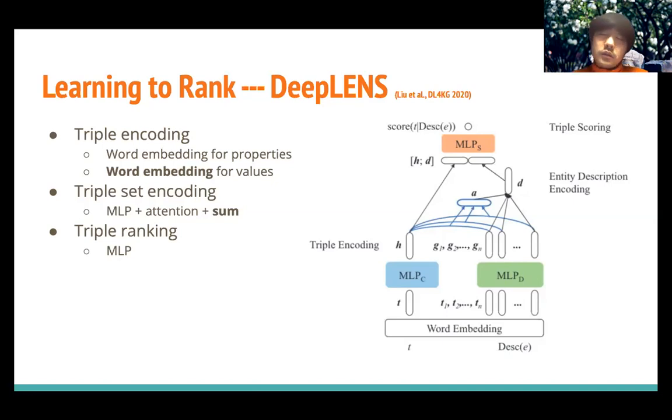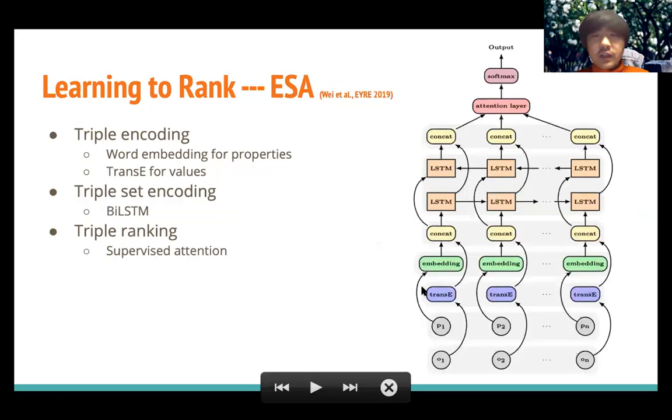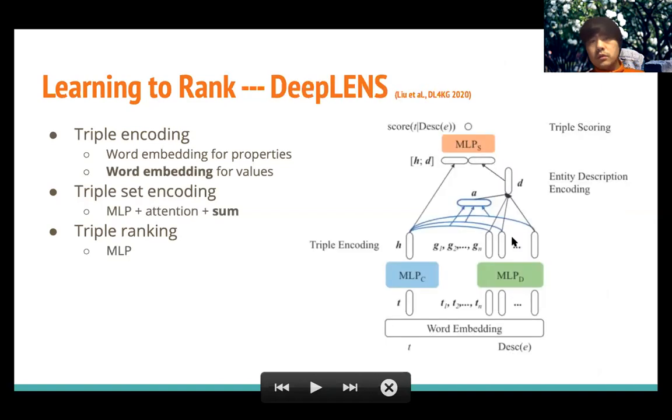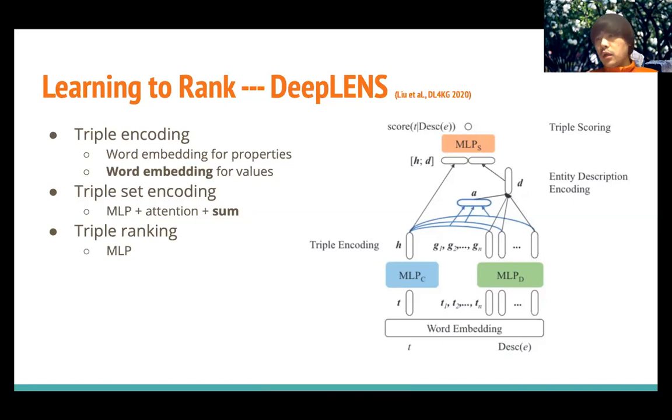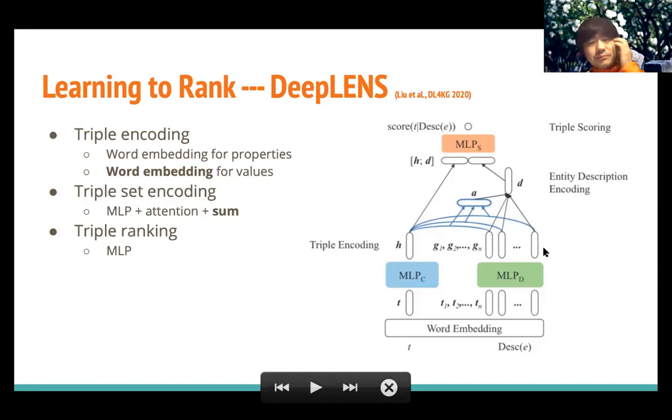So the performance of ESA will be sensitive to the order we choose for the triples. We don't want to choose an order. We want to have an order-insensitive result. So we use a different model. We use an MLP. And for the output of the MLP, we compute the sum over all the triples. So the result will not be dependent on the order of the input triples, which is good.